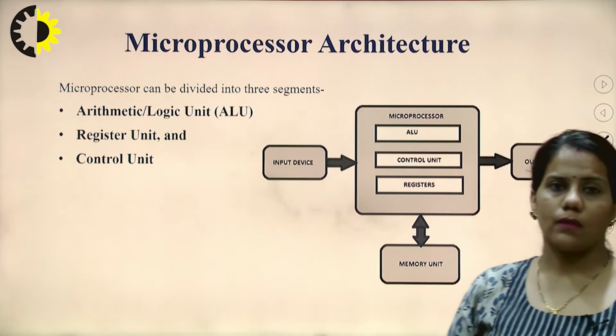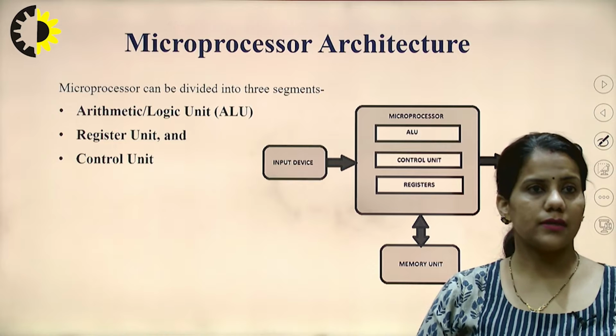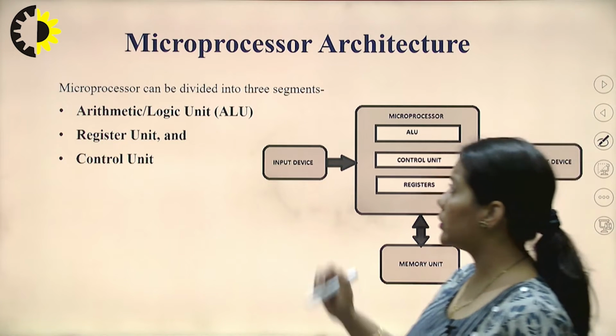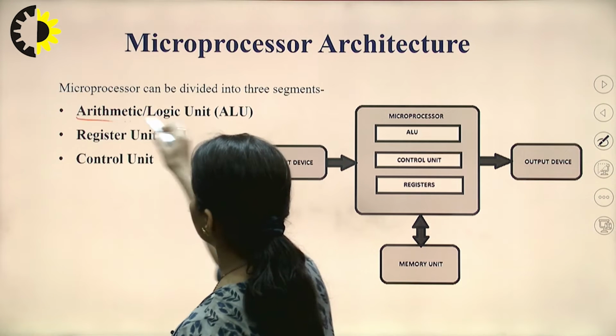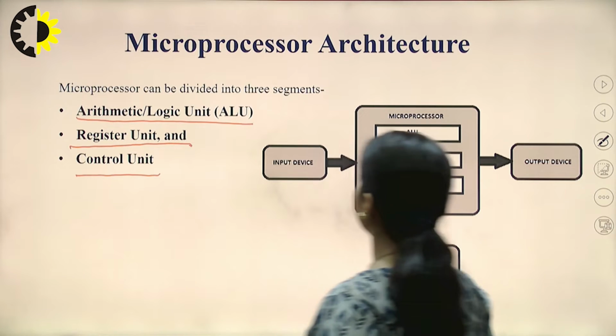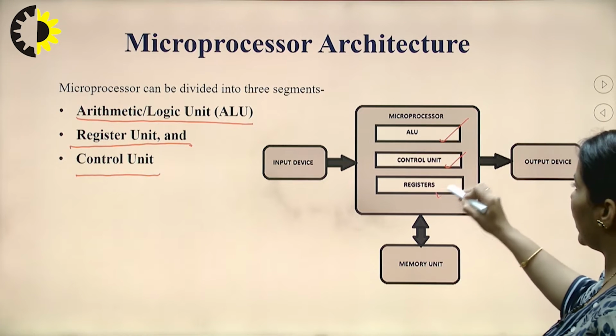Now, we have understood the term microprocessor. So, we can understand what is inside the microprocessor. The microprocessor can be divided into three segments, that is ALU, register unit and control unit. So, ALU is this, control unit and registers.